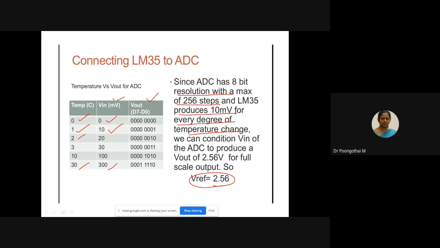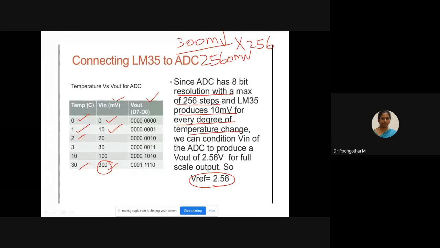For example, take this value 300 millivolt, divided by your reference voltage 2560 millivolt, into step size 256. The calculation is 300 millivolt divided by 2560 millivolt into 256.